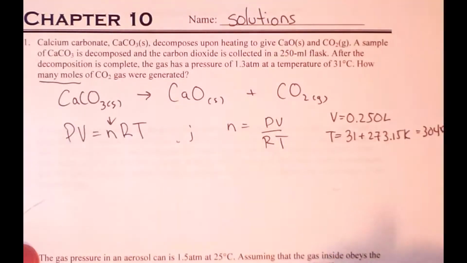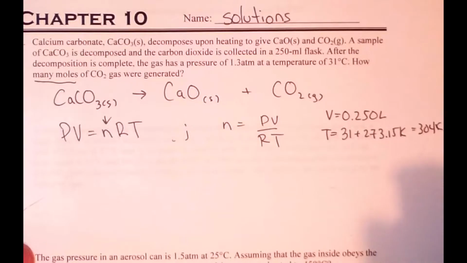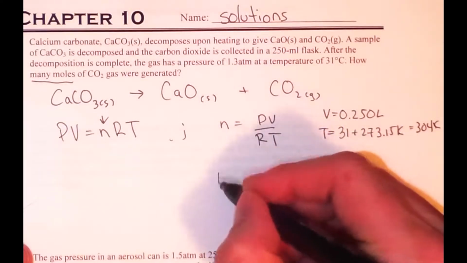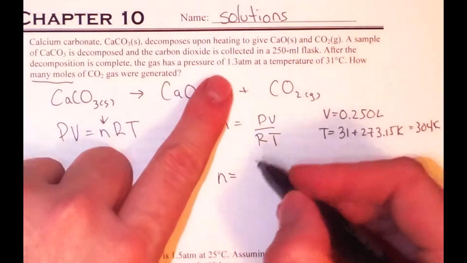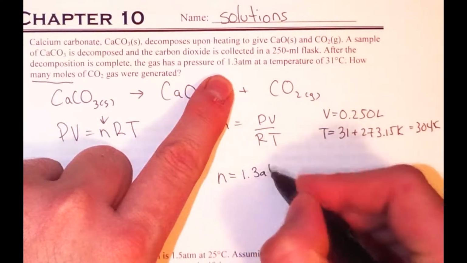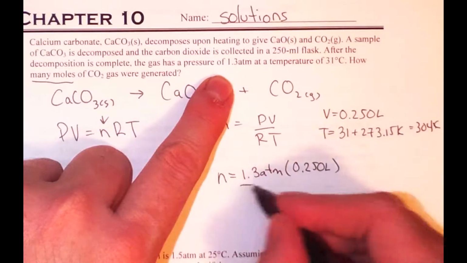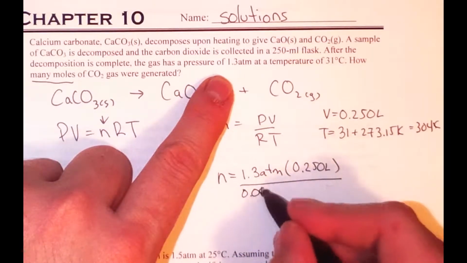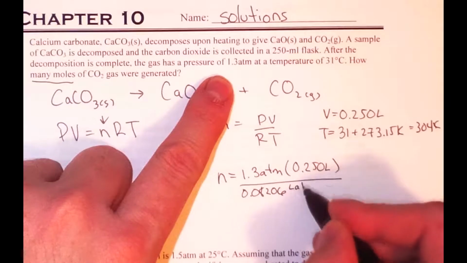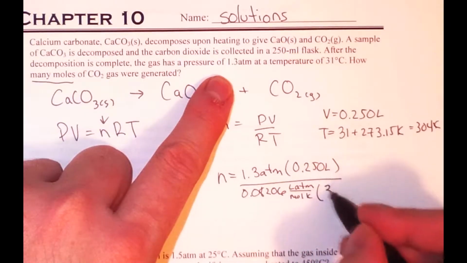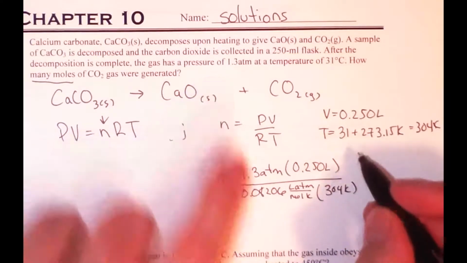As we go through this exercise, we want to make sure that we are paying attention to the units. So n equals 1.3 atmospheres times 0.250 liters divided by 0.08206 liter atmospheres per mole Kelvin times 304 Kelvin.